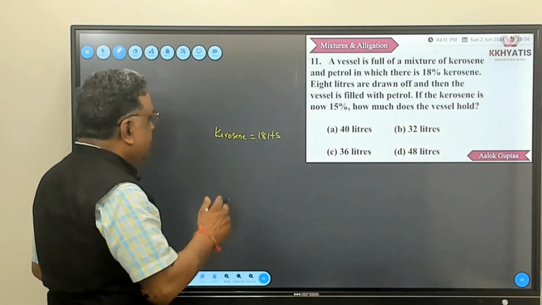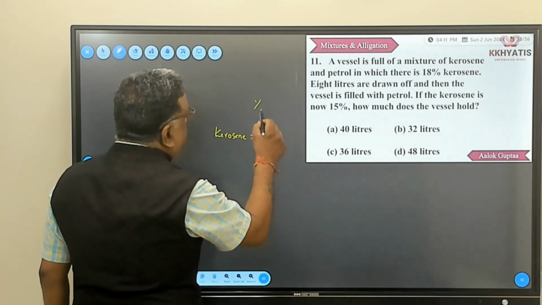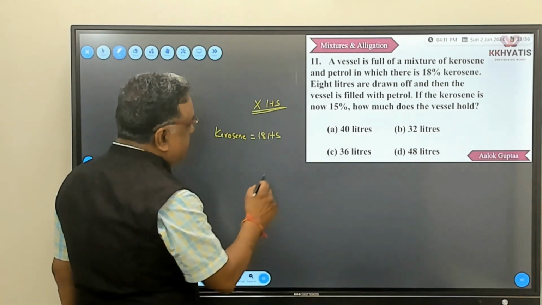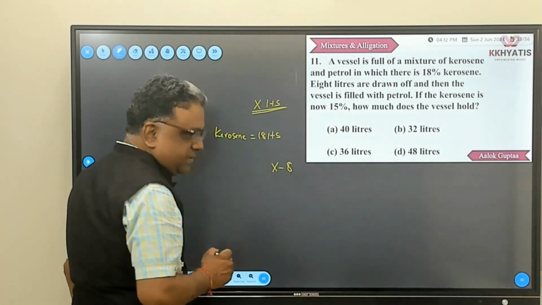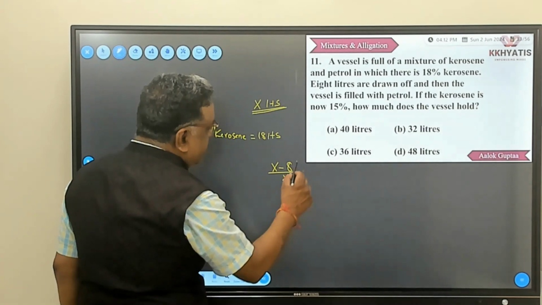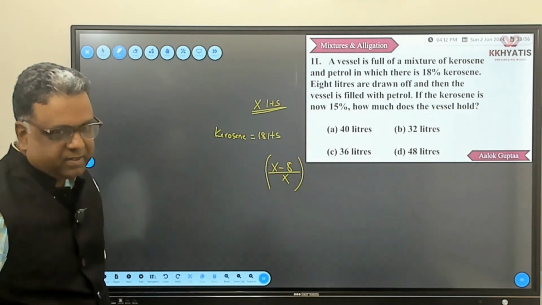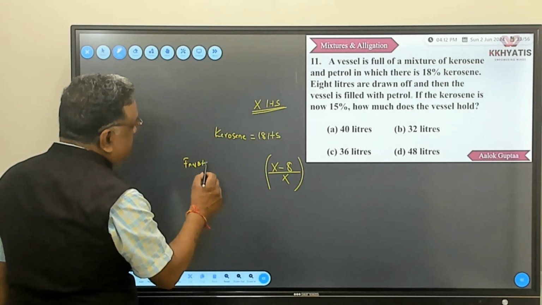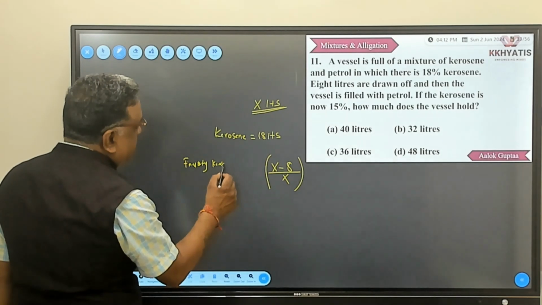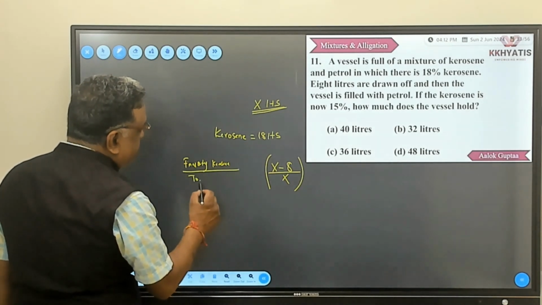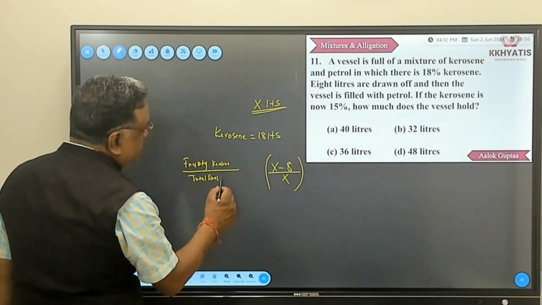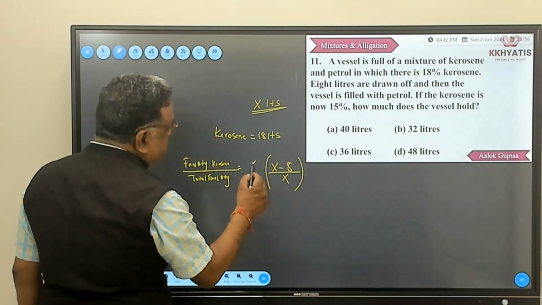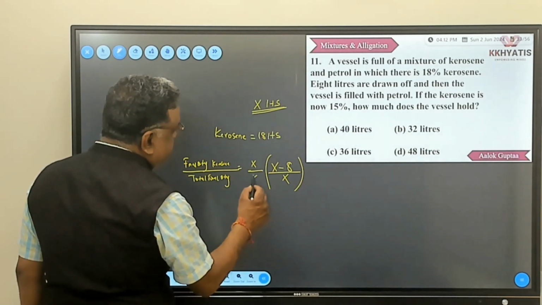So the removal is of kerosene. If I say x liters was the initial quantity of kerosene, so I have removed x minus 8. Total was x, so the fraction left is x minus 8 upon x. And I know my final quantity of kerosene upon total final quantity is the initial quantity of kerosene upon total. Correct?